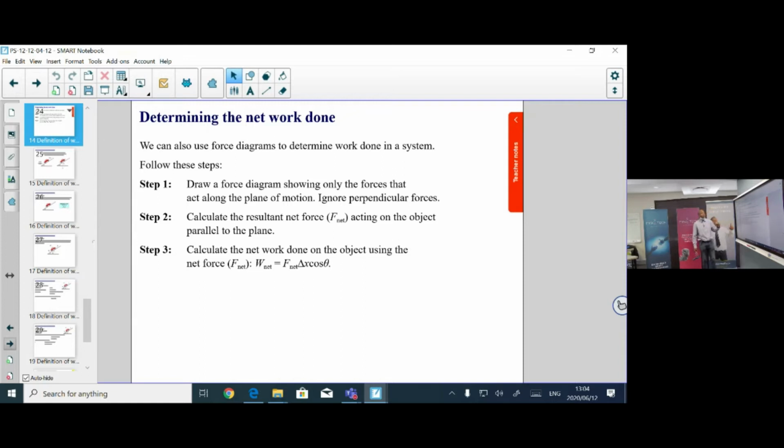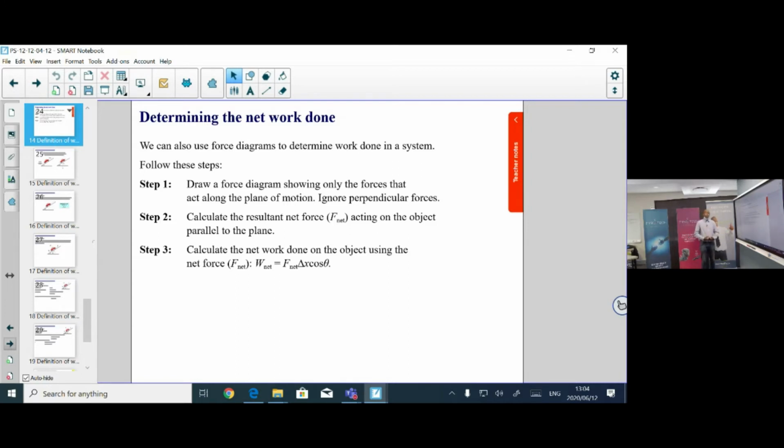Look at step 1, draw a force diagram showing only the forces that act along the plane of motion. In other words, you are supposed to use a force diagram or dot or free body diagram. If they say use a free body diagram, you have to use that. If they say use a force diagram, you have to think about the object and redraw it.